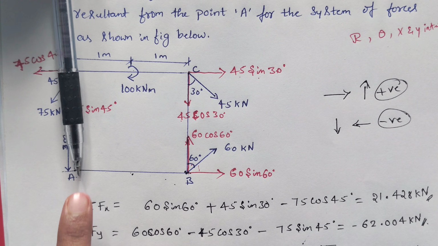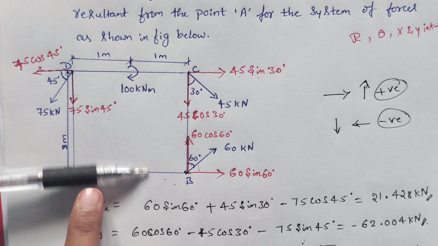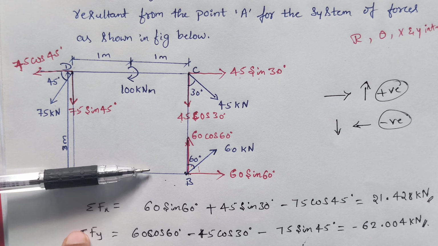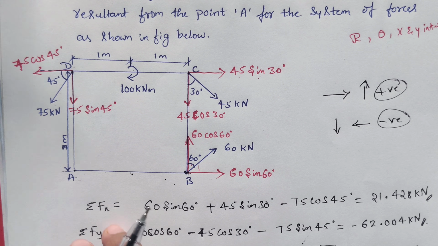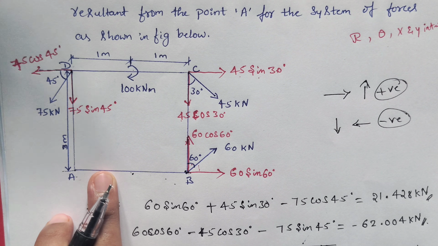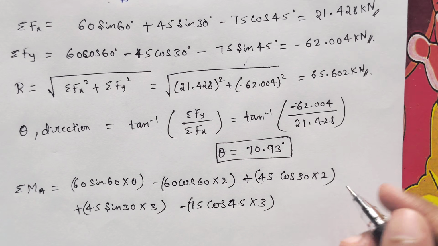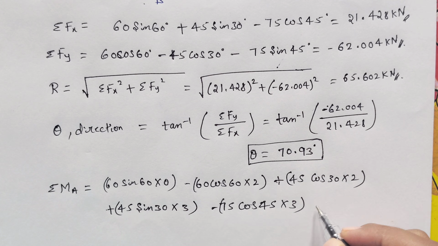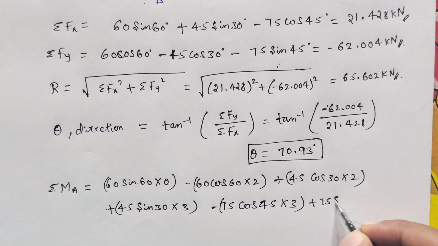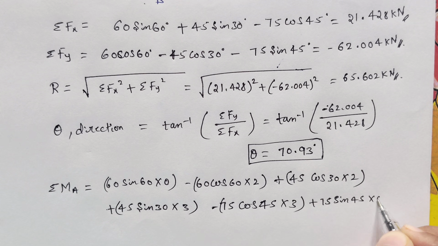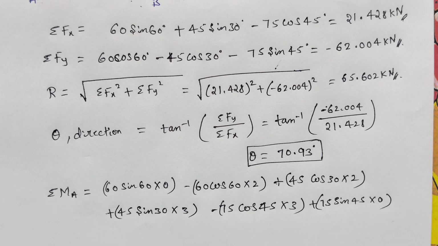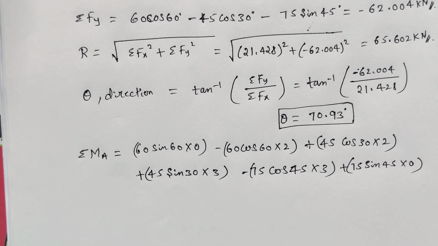If you drag this force, it will come exactly here, and can you see any perpendicular distance? No. So it is 0. 75 sine 45 into 0. Now solve this.